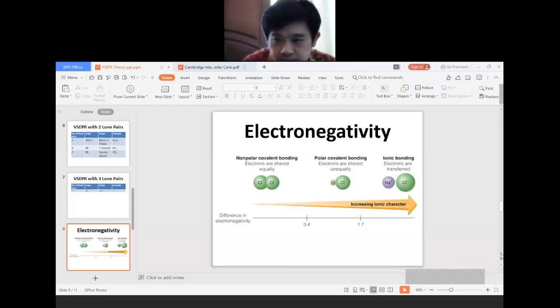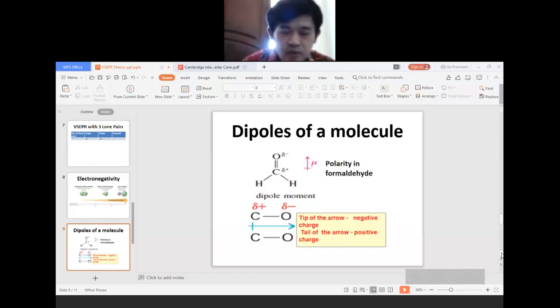And then dipoles of a molecule. This dipole of a molecule is the formation of a negative side and a positive side. The symbol over here looks like a D, but it is not a D. This is a Greek symbol.